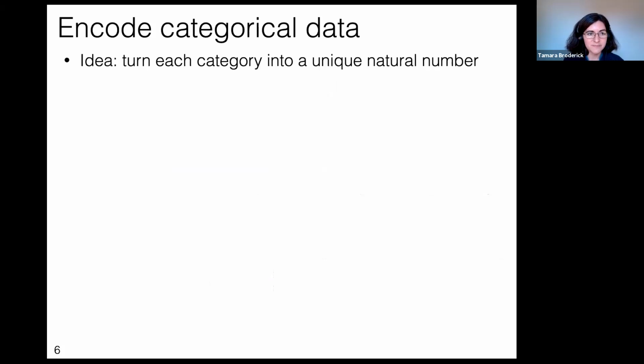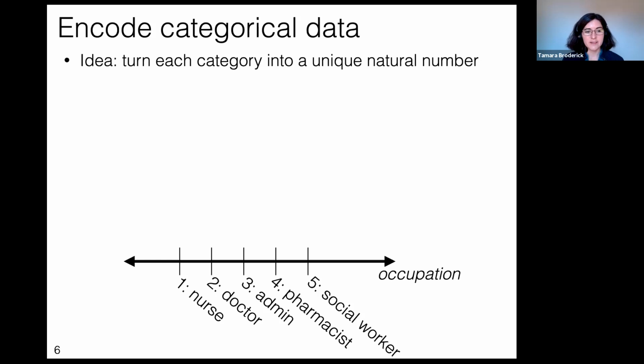So here's an idea. Let's turn each category into a number. That seems really natural, right? So I'm going to say that nurse is 1, doctor is 2, administrative assistant is 3, pharmacist is 4, and social worker is 5. And let's say those are the set of jobs that we see. Now, just for illustrative purposes, let's plot our data points with both occupation and resting heart rate.